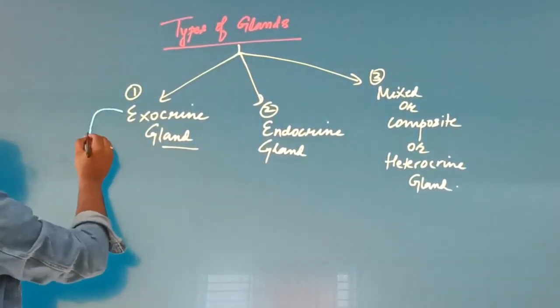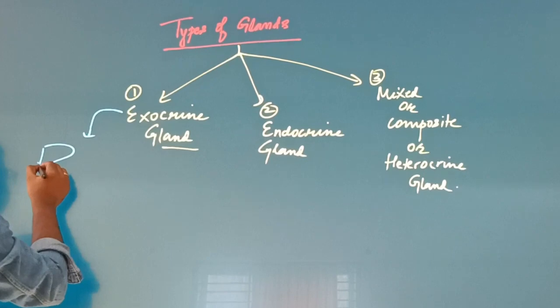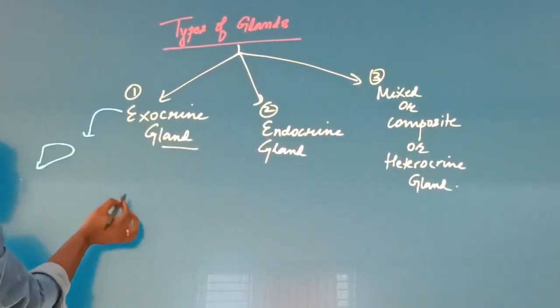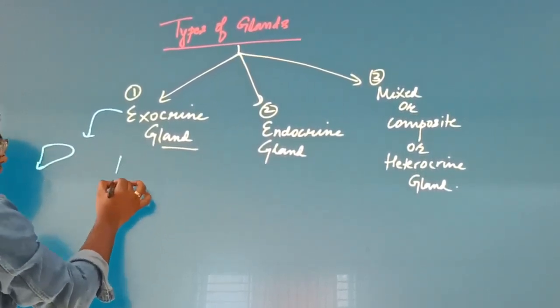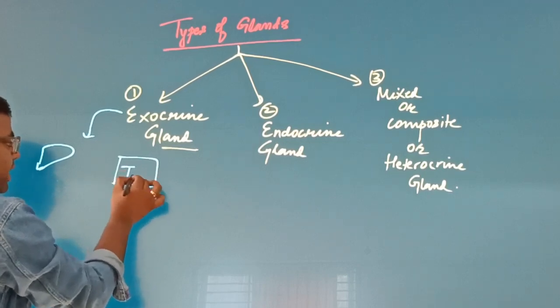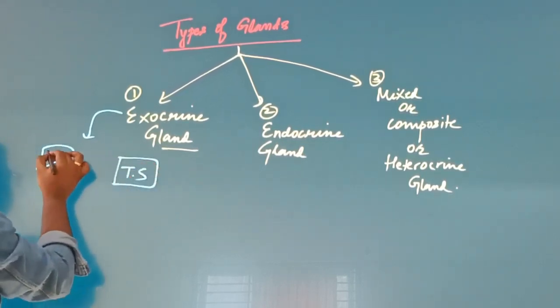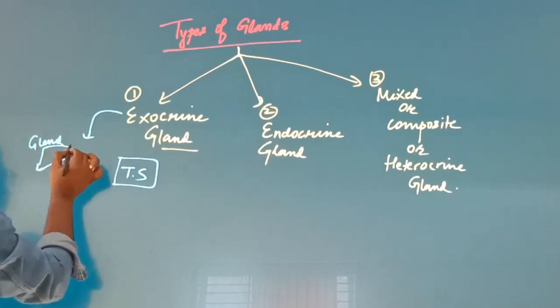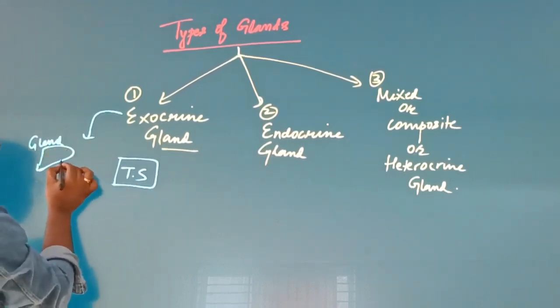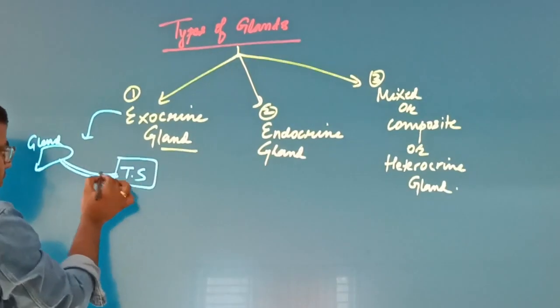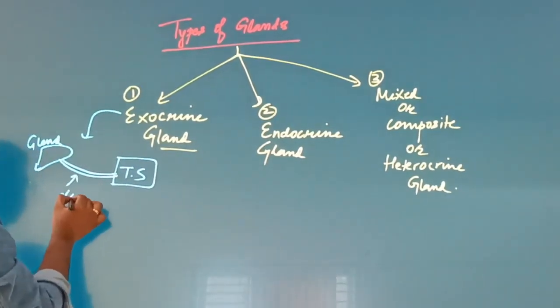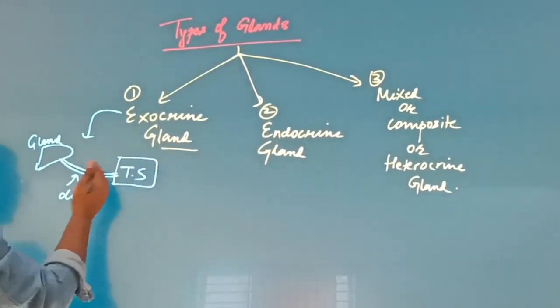So exocrine glands are those glands which release their secretions via duct to the target site. Let's suppose this is the target site where these secretions are going to come and show their function, and this is the gland. So from the gland to this target site, a duct will be there. Ducts are tube-like structures which carry these chemicals.